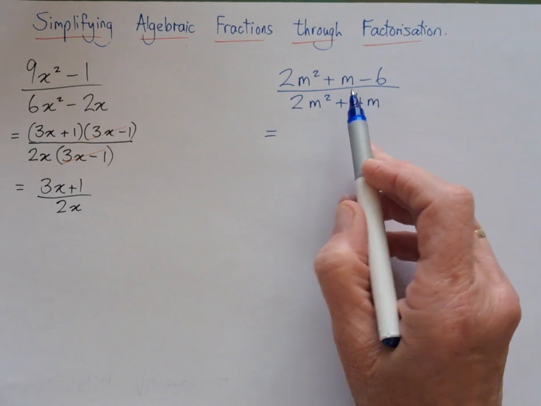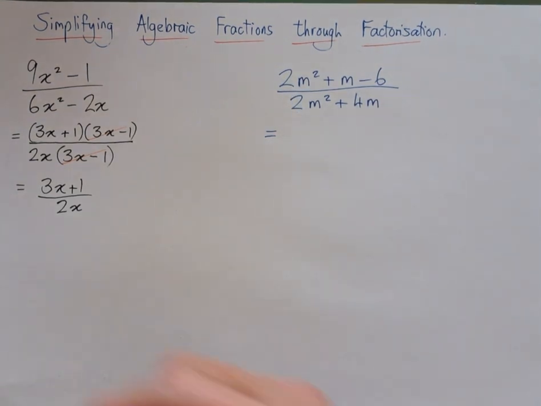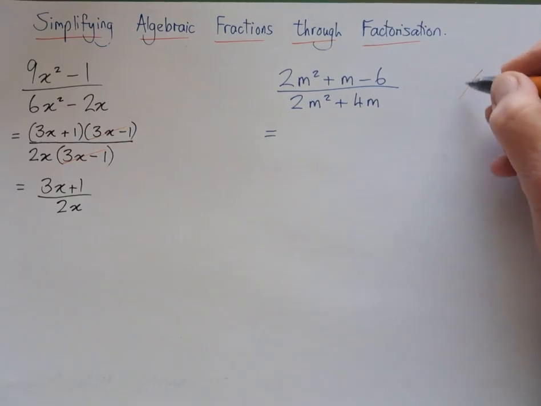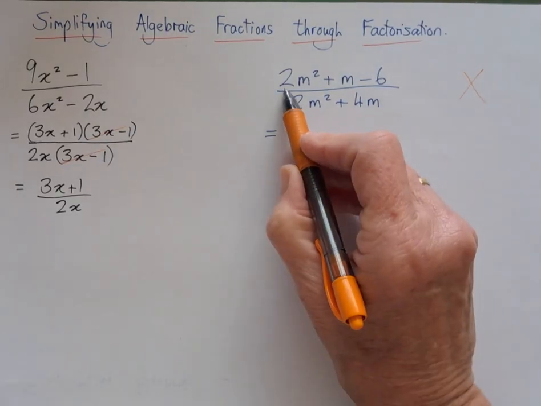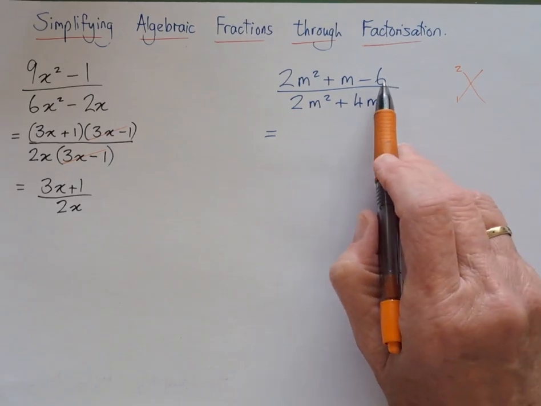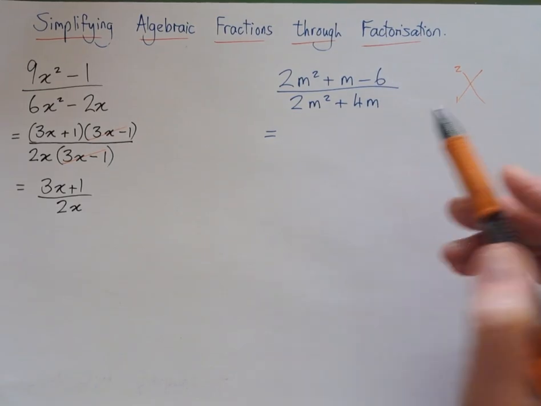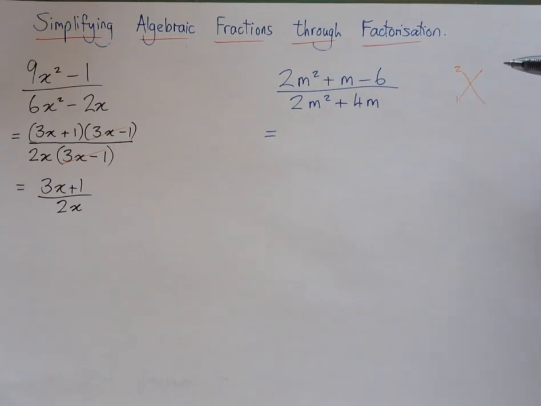trinomial, and because this trinomial has got a coefficient greater than 1, that's the one where we need to use the cross method. So factors of 2 will be 2 times 1, and then factors of 6, I can use 3 and 2, and now I'm going to start thinking ahead before I write anything down.